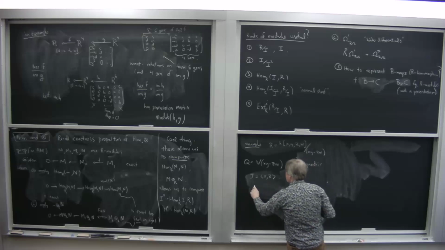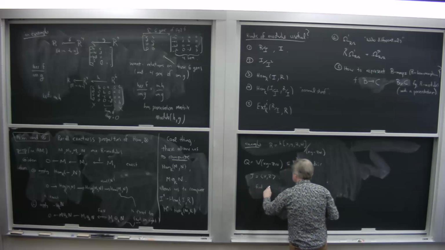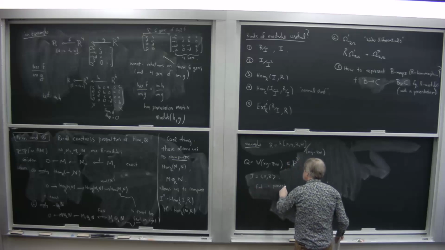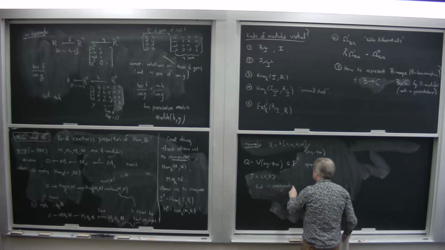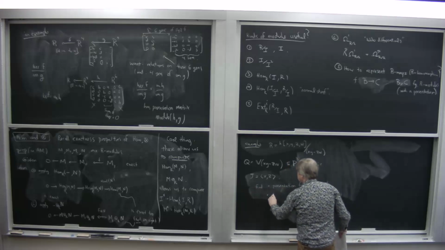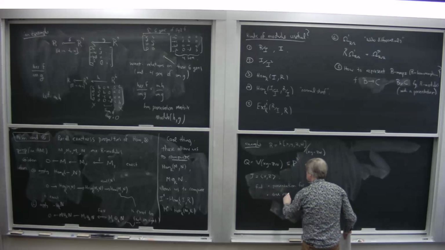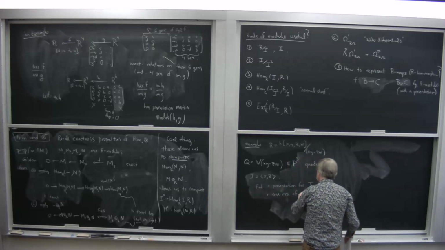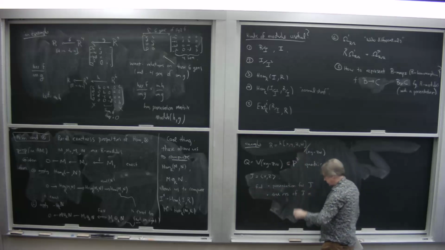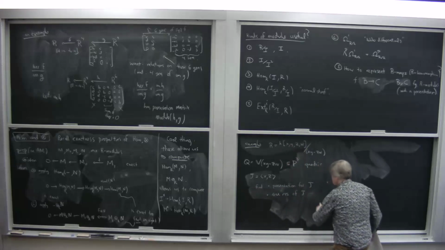And the questions I want are what? So I want to find a presentation for J? A free resolution of J? As an R module. This is all as R modules in here, so I won't even say that.